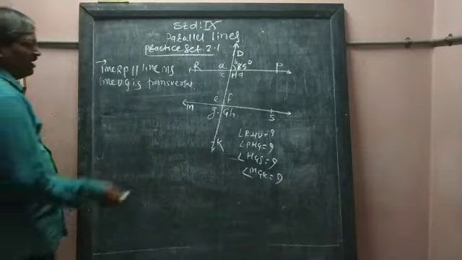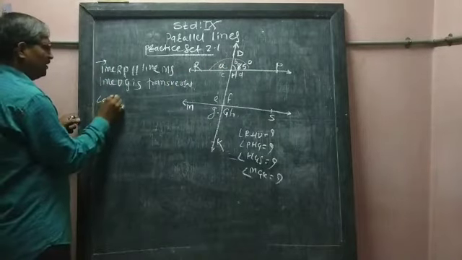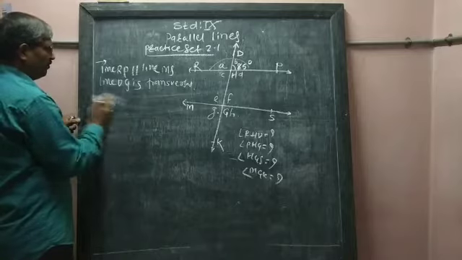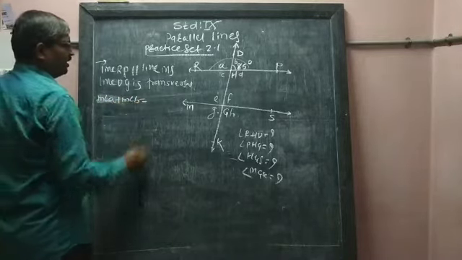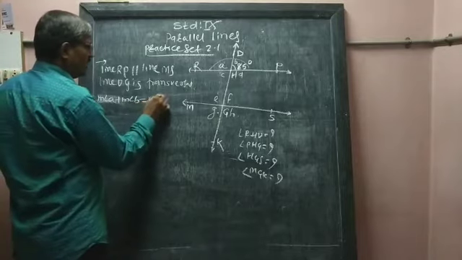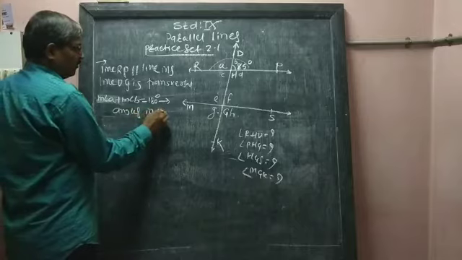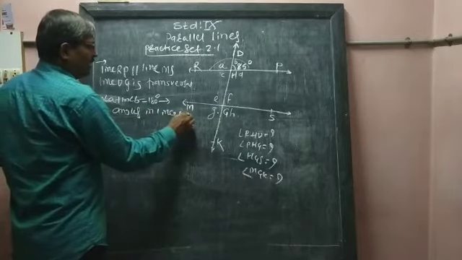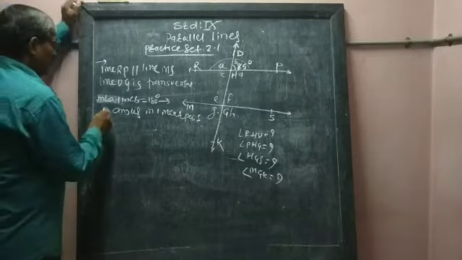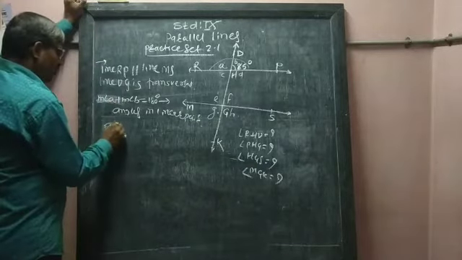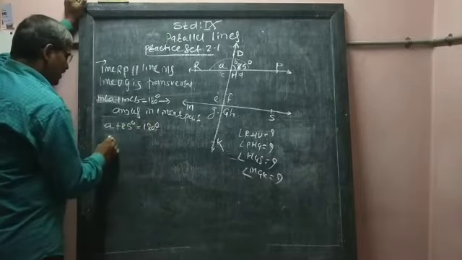Here, measure of angle A plus measure of angle B is equal to 180 degrees. Why? Angles in linear pair. Therefore A plus 85 given is equal to 180 degrees.